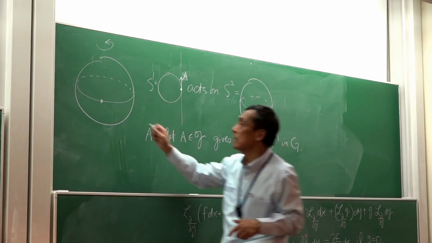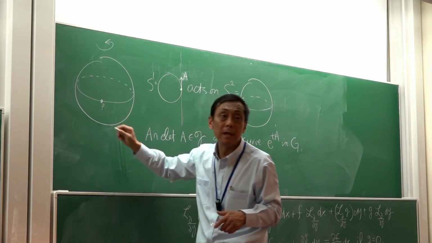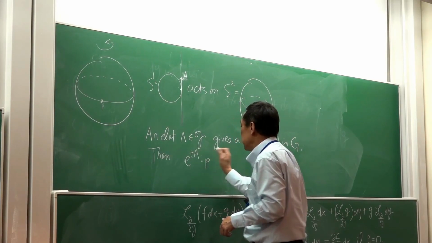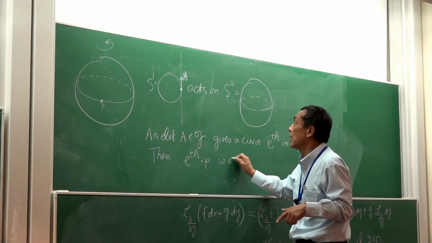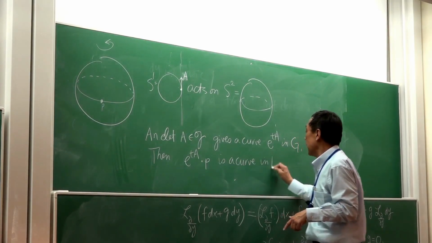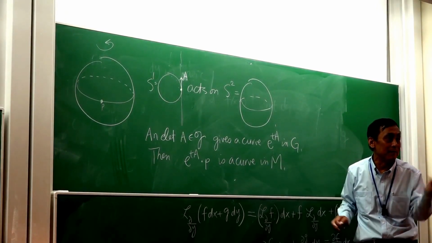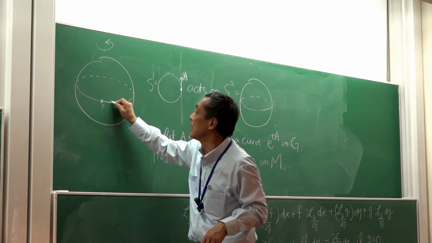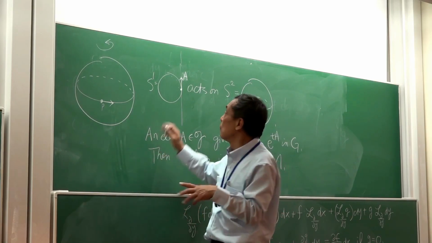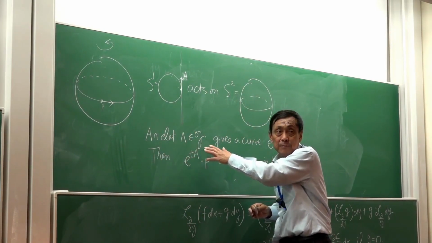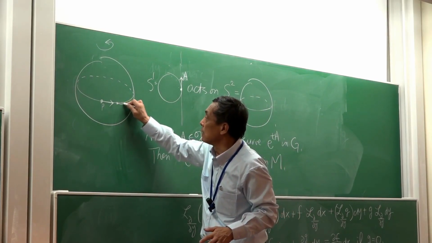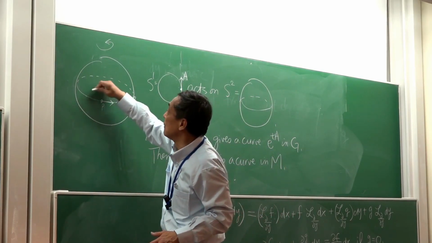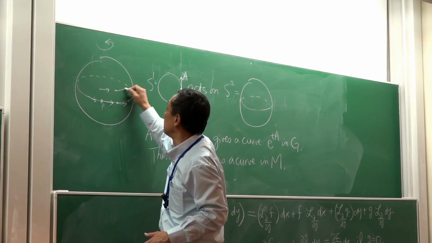And then if you have any point P, then e to the tA P is a curve in M. M is S2 here. And so it has an initial vector. So every point, once you pick an element of the Lie algebra, will give you a tangent vector to the manifold.